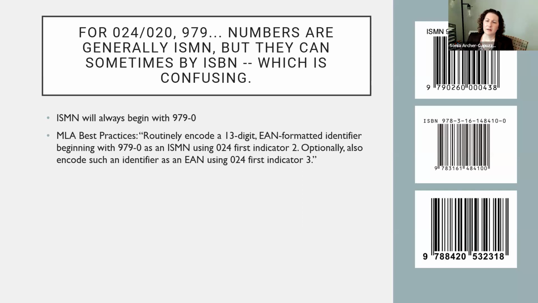So, Mark has a good thing here, UPC. UPC is usually United States, EAN is usually everybody else, the big wide world. And so, yeah, ISBN is making things more difficult for us.